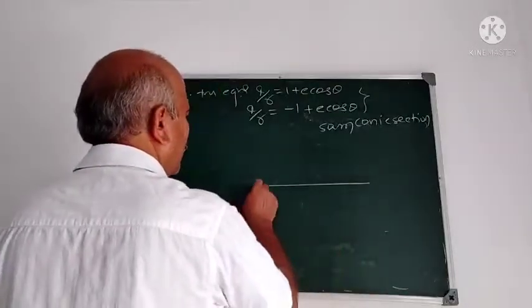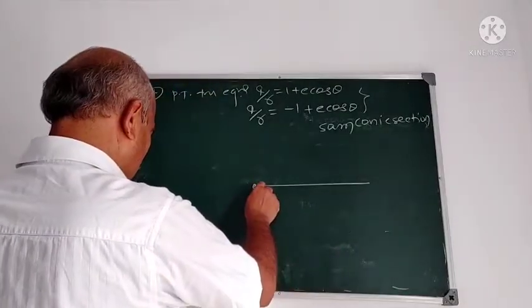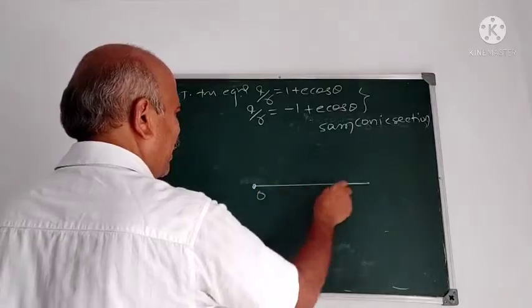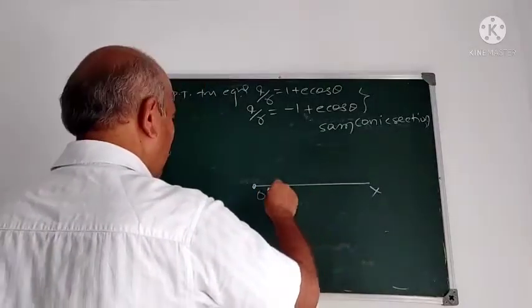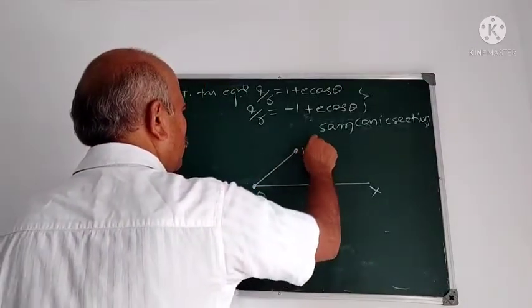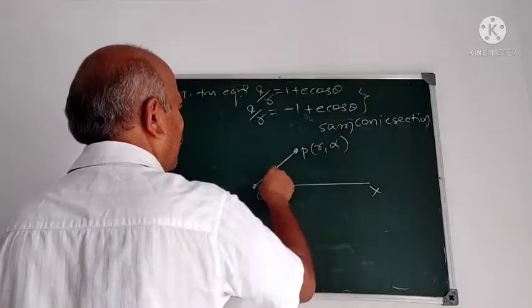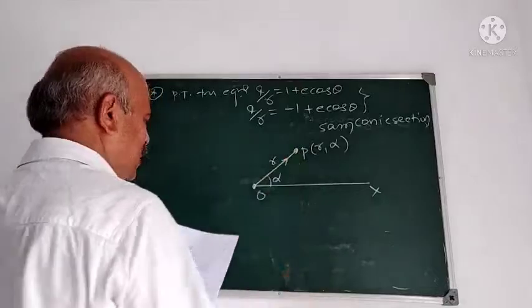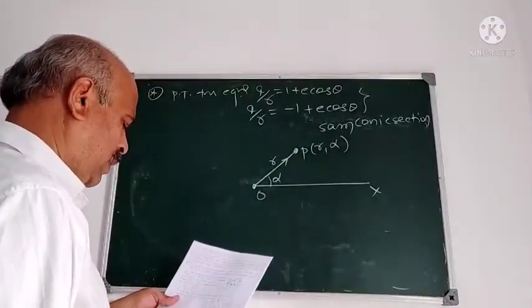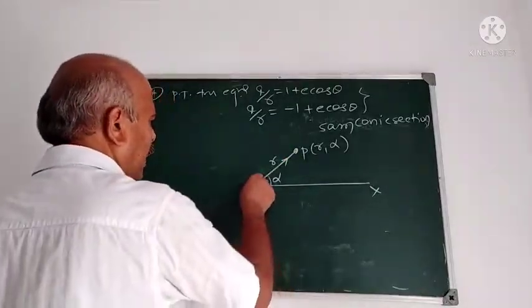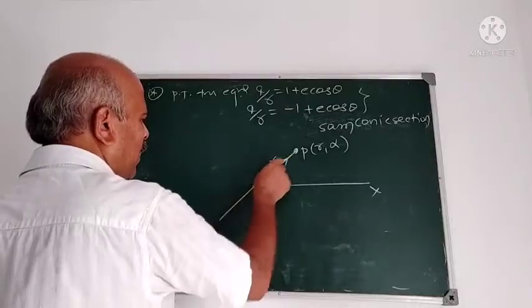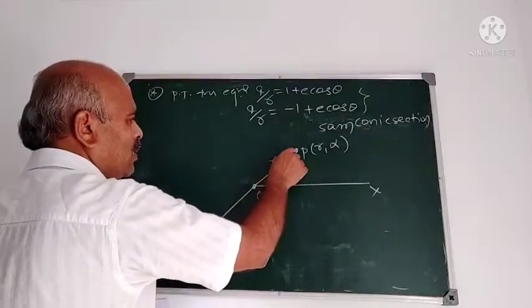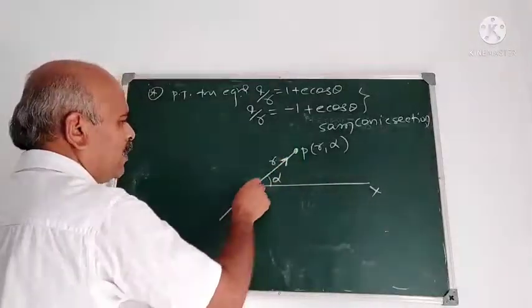For that, suppose this is OX, the initial line is OX. Suppose P is any point whose coordinates are (r, alpha). Then what is this angle? Alpha. And what is this distance? r, measured in this direction. Now, I extend this r backward. This is the positive direction now. Extend this backward.